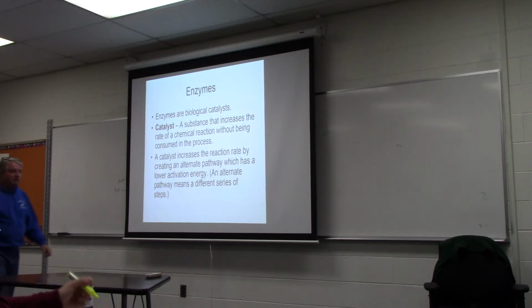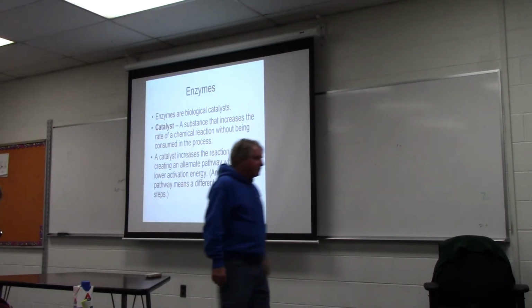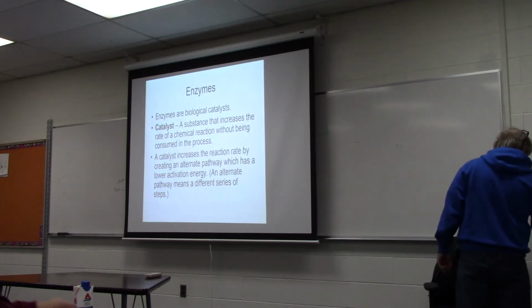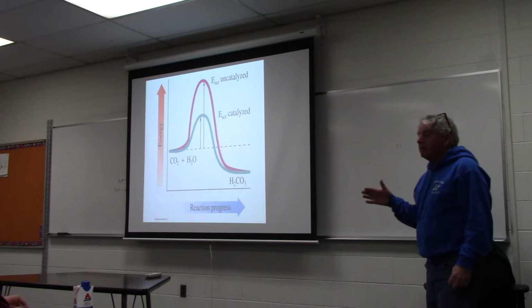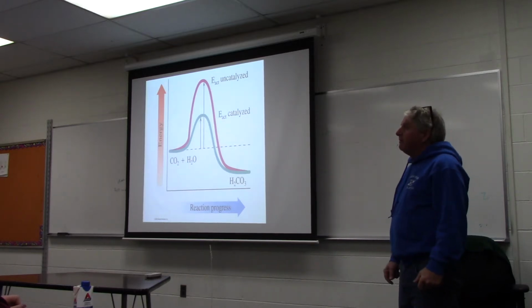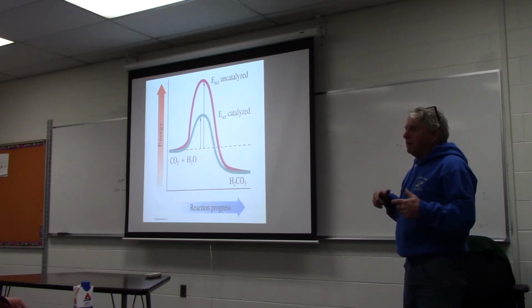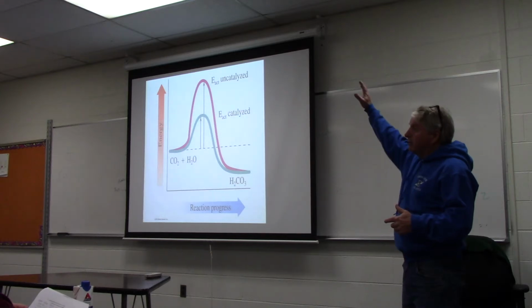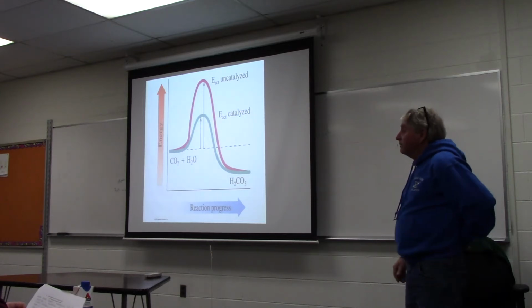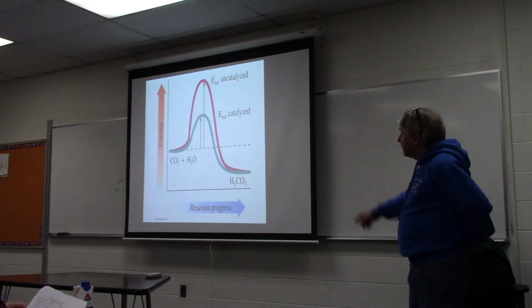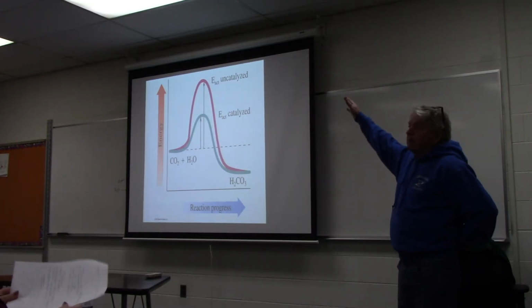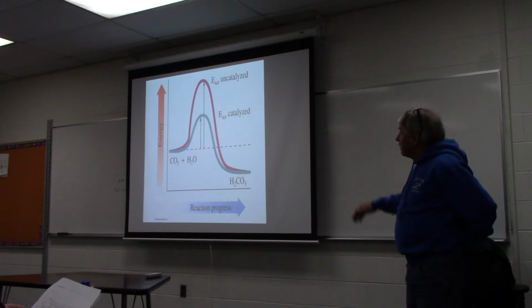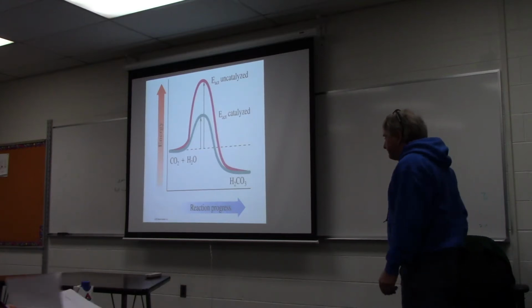An enzyme is a biological catalyst. Every single chemical reaction in our body needs an enzyme to help, because we just don't have enough energy in our bodies to go over these hills. So the enzymes lower the hills, and this shows you what happens here. The red is the normal reaction, and adding the enzyme lowers it.